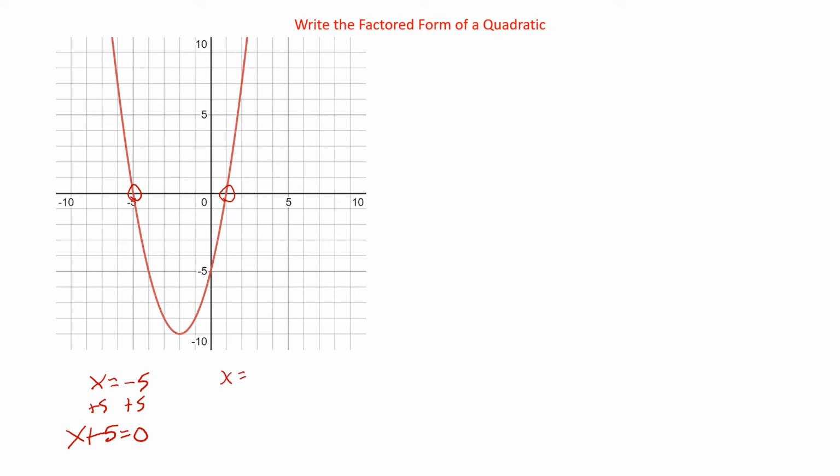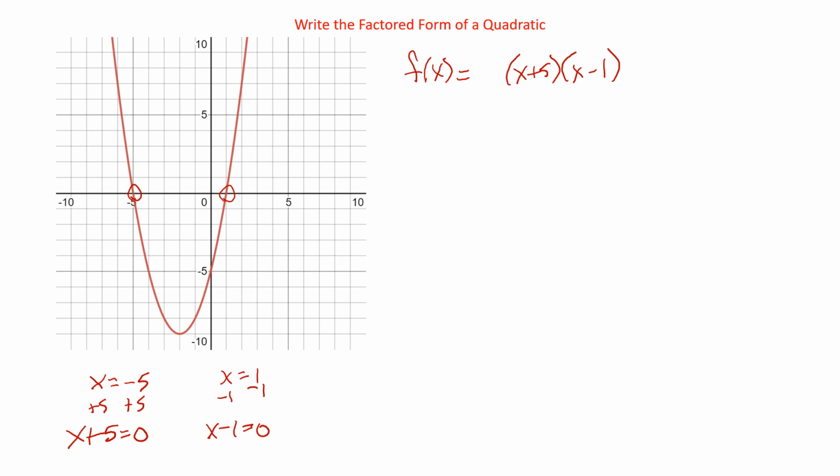If x equals 1, that means we could subtract 1 to have the factor x minus 1 equals 0. So we have both of those factors. And so we could have f of x equals x plus 5 times x minus 1. That will be a quadratic that goes through those 2 points.